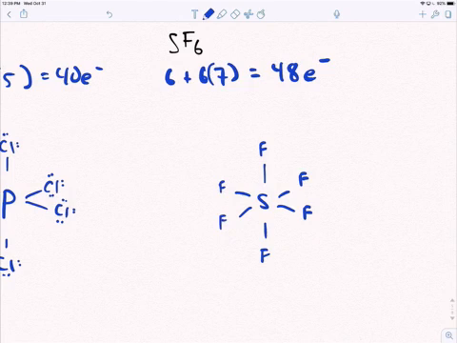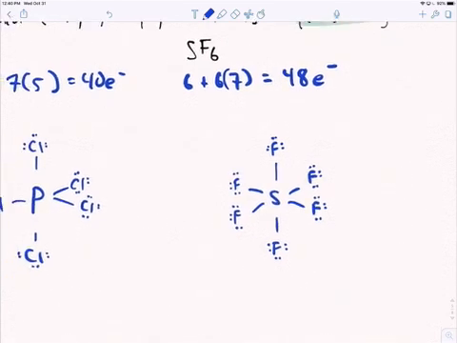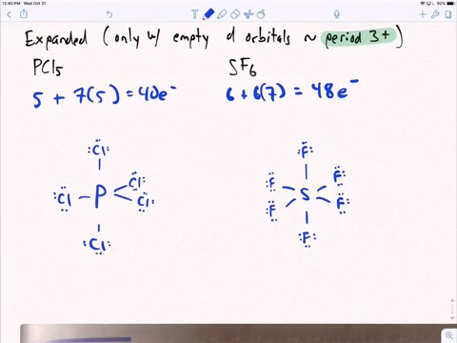That's 12 electrons. 14, 16, 18, 20, 22, 24, 26, 28, 30, 32, 34, 36, 38, 40, 42, 44, 46, 48. Good. All right, I'm always nervous that I'm going to miscount somewhere. So 48 electrons around that. As we'll find out next chapter, this forms what's called an octahedral structure.